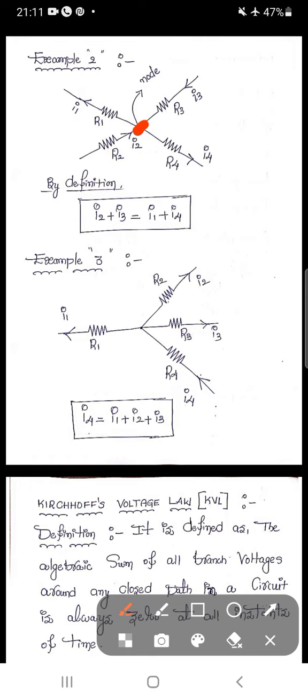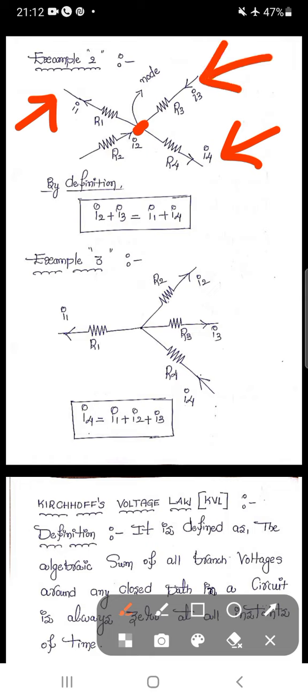I1 and I4 are outgoing from the junction. This current I3 is towards the junction point, and here also the I2 current is towards the junction point.